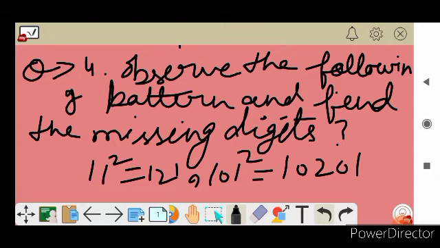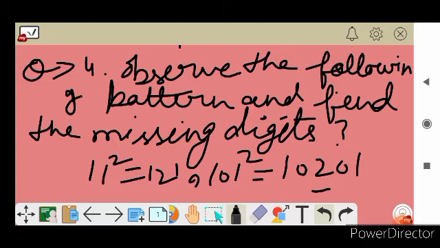There is no 0 between 1 and 1. And in 101 there is a 0 between 1 and 1. So the square of this number is 10201, and the 2 represents the number of 1s, which is 2.